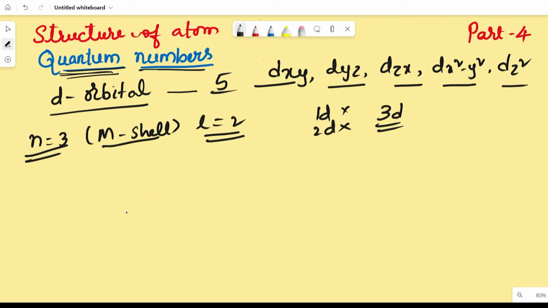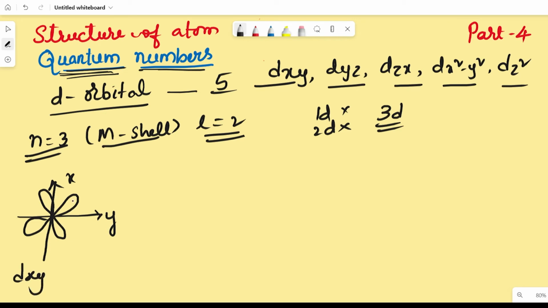So now let us draw the shapes of d orbitals. So this is the dxy orbital on the x and y axis.